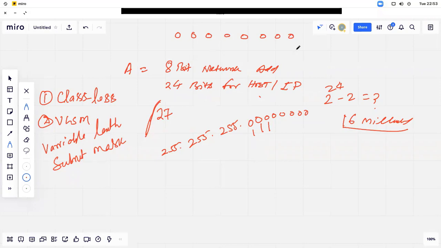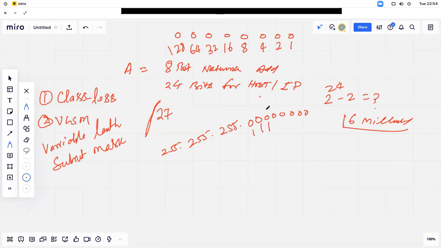If we start from the rightmost bit, its value is 1, then 2, 4, 8, 16, 32, 64, and 128. Starting from left to right, it is 128, 64, 32, 16, 8, 4, 2, and 1.